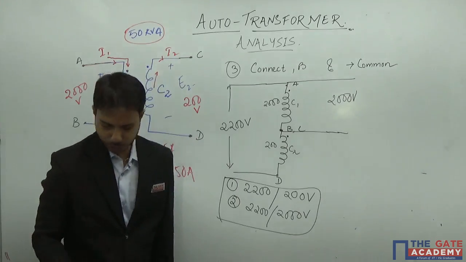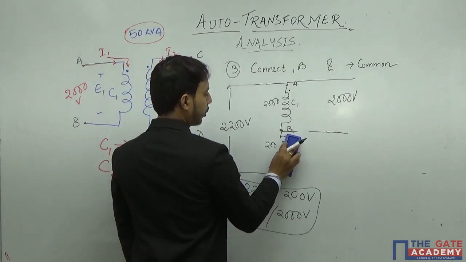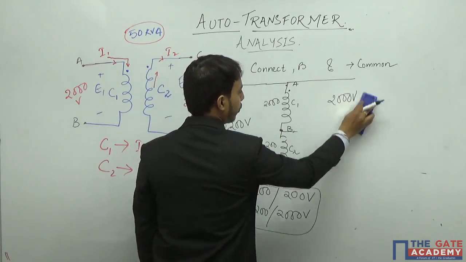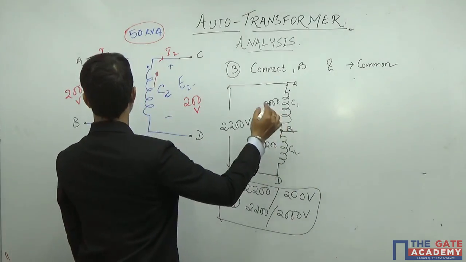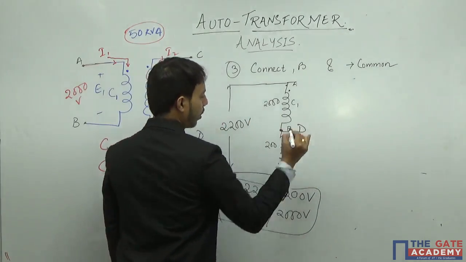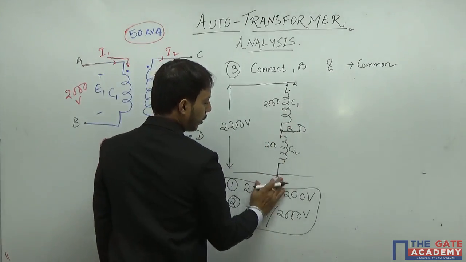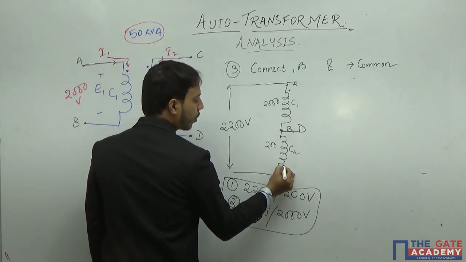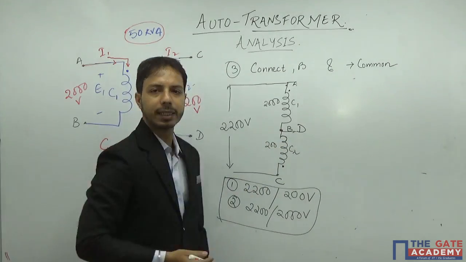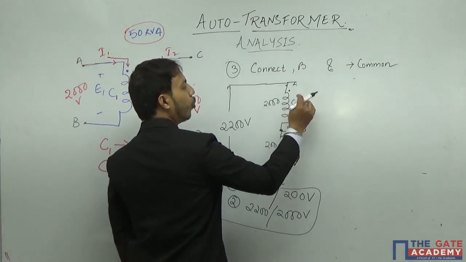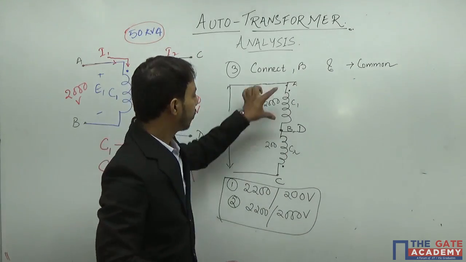Now I am going to show. Suppose this is D, so the dot point is going to change. Now I am connecting B with D. So if this is D, this is C, and the dot is here. Now at any instant, the voltage here will be opposite to the voltage here. If this is positive, this will be negative.